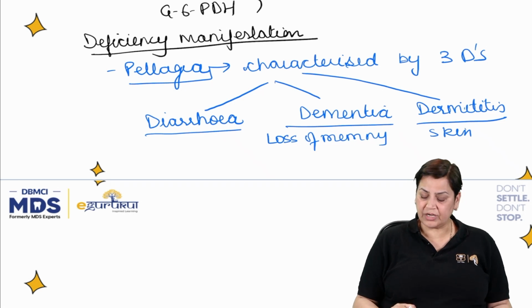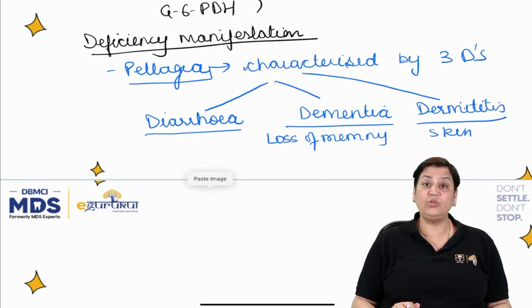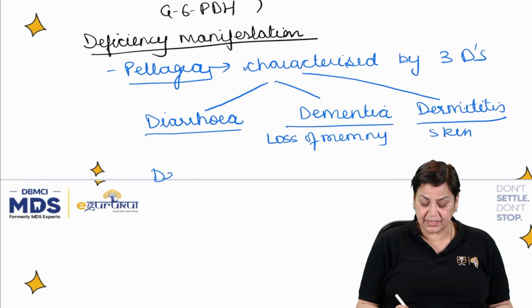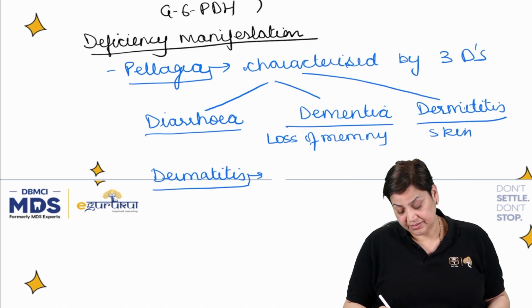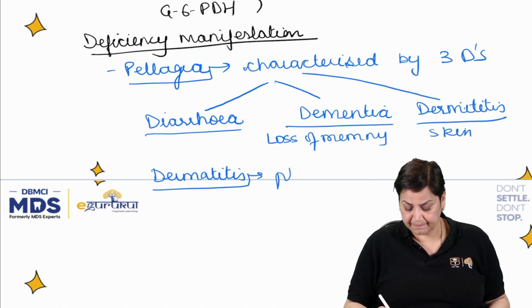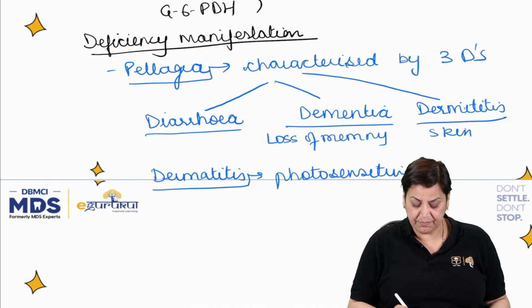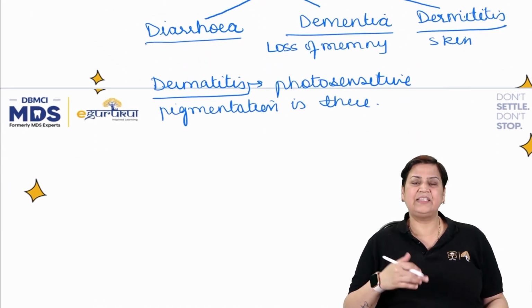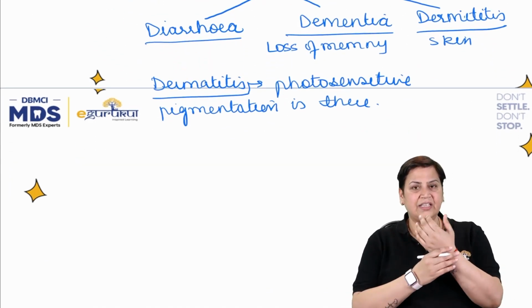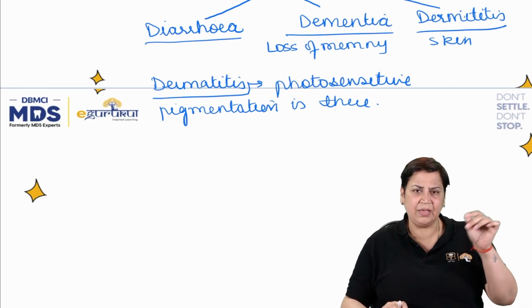The most important point here is to discuss dermatitis, because in dermatitis there is photosensitive pigmentation. Whatever area is exposed, whether it is the neck or the wrist, there will be rashes.